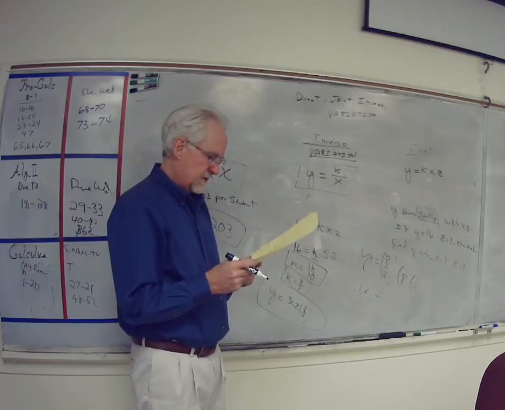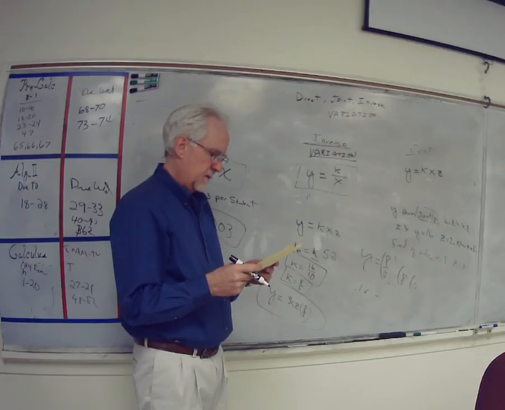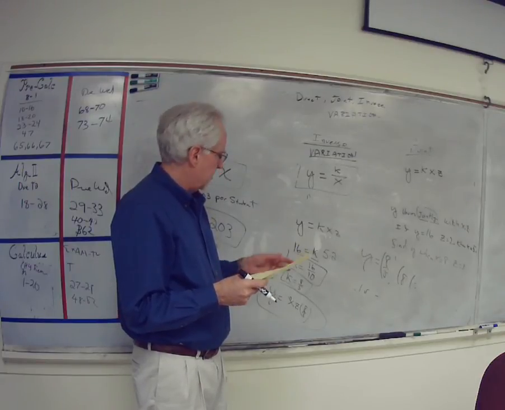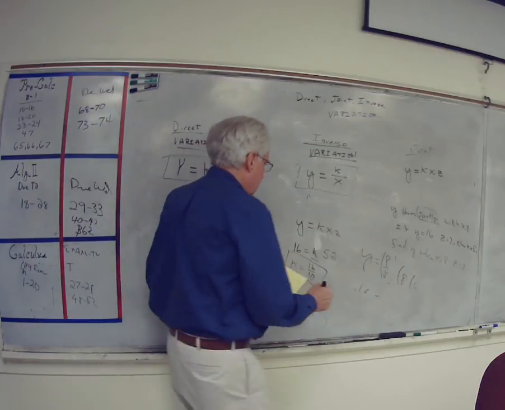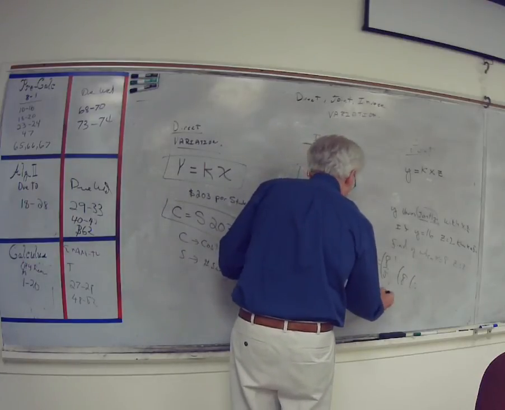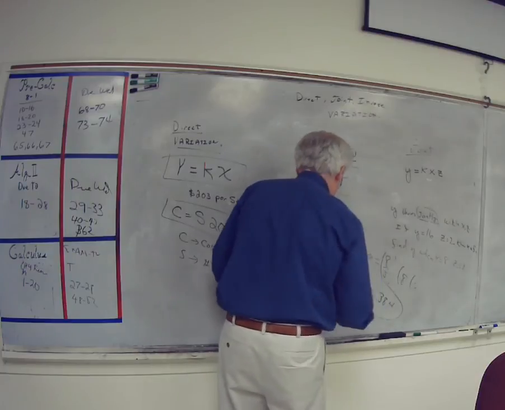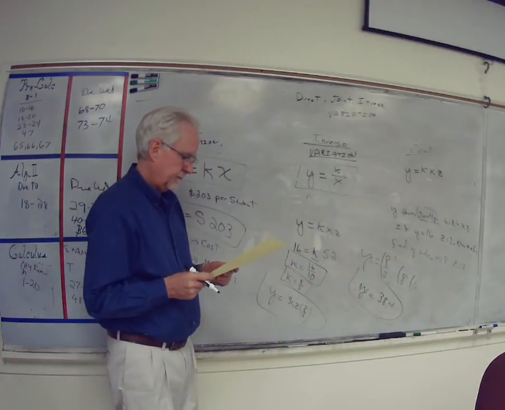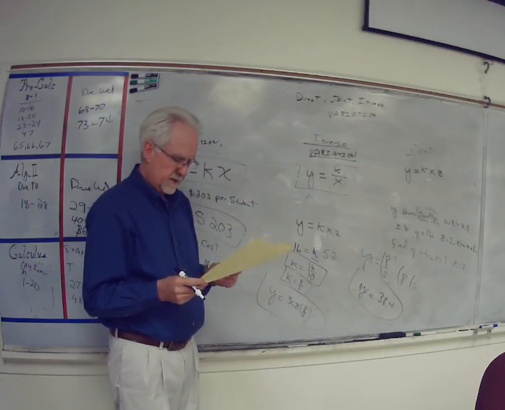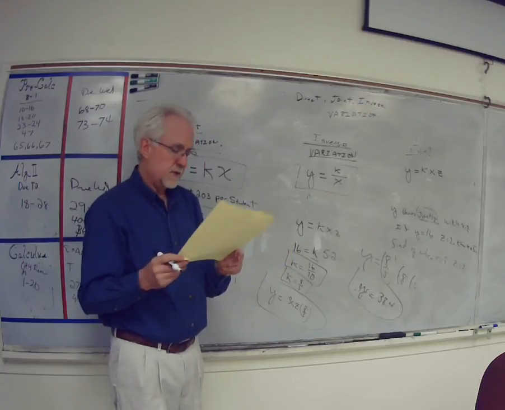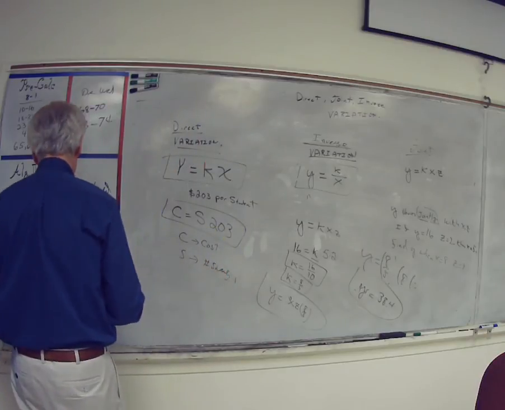Okay, 8 times 3 is 24, and 24 times 8 over 5, y is equal to 38.4. Does that look good? Does this make sense? Okay, this is easy. Just don't skip your steps.